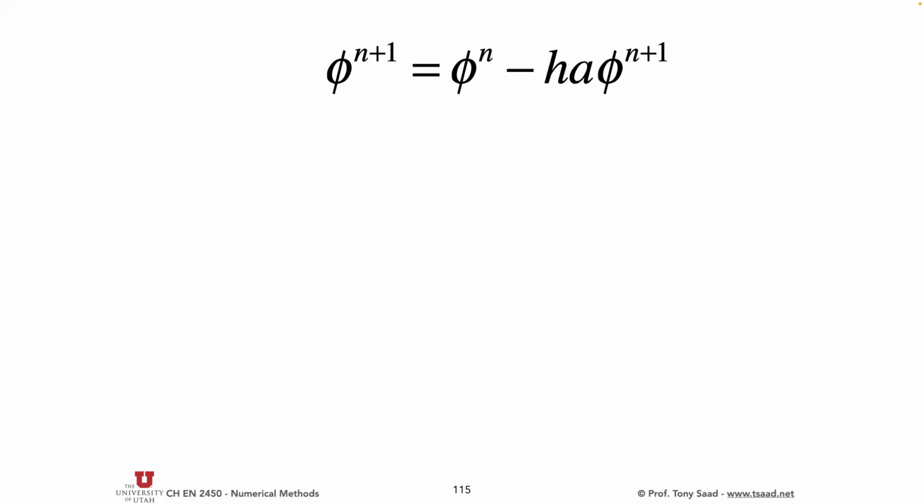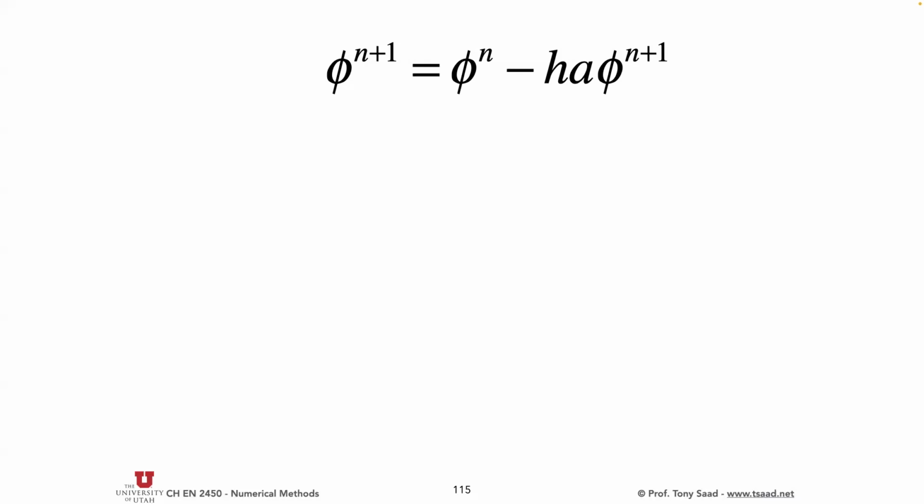There are huge differences between the two methods. We haven't even said anything about that. But first, I want to show you that. I just want you to try to derive stability for the backward Euler method on this example, d phi by dt equal minus a phi. That's the formula for the backward Euler.